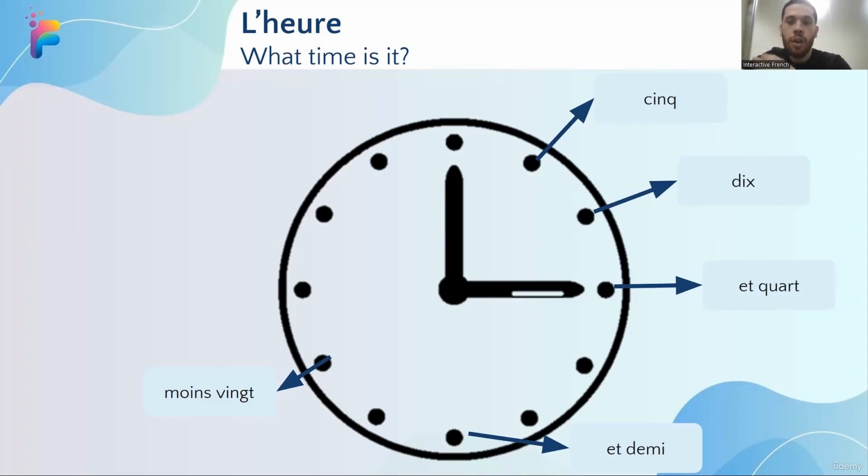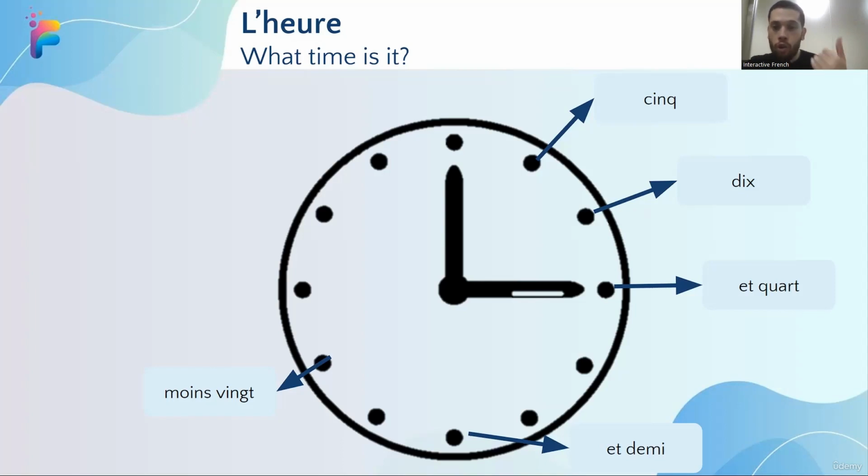Okay, picture 1:40, right? We can say 1h40 or 2h moins 20. Okay, the trick to remember here is that moins means minus. Okay, so literally you're subtracting 20 minutes from 2 o'clock. Okay, so 1:40 would be 2h moins 20.